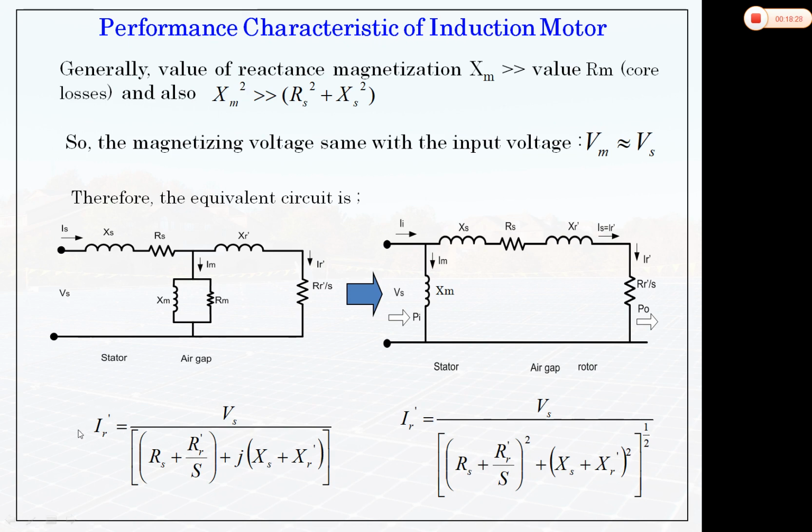So this is IR prime, in vector form, having magnitude and some angle. If you want the magnitude of IR prime, it will simply be Vs divided by the square root of (Rs plus Rr prime upon S) square plus (Xs plus Xr prime) square.